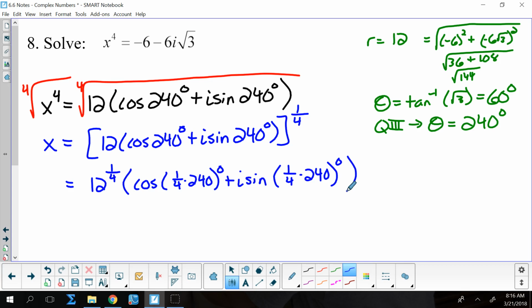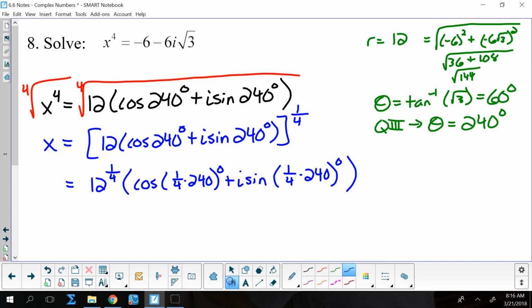Okay. So that, giving me my first root, is going to be x. Oops. Whoops.